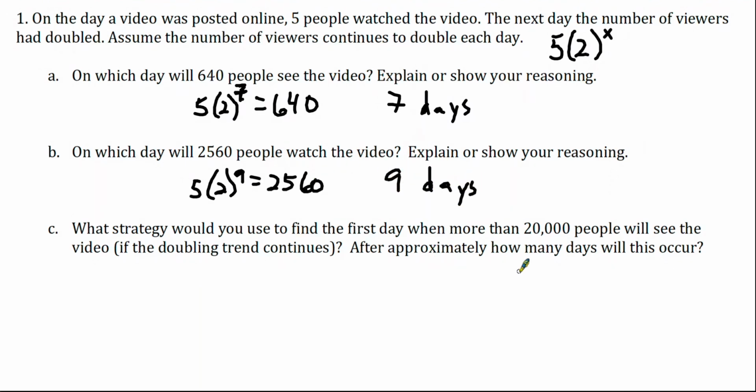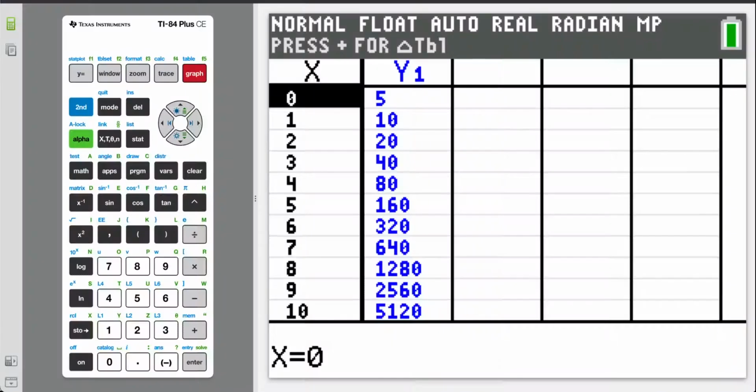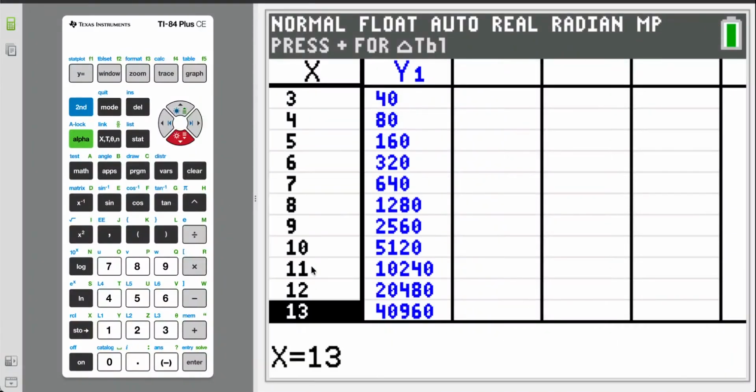Now, for the last part, we want to figure out when more than 20,000 people have seen the video. We just want to round to the nearest day here. After approximately how many days will this occur? We don't have to get super specific for this one, but if I scroll down a little bit, the first time that we get above 20,000 is right here, after 12 days, right?